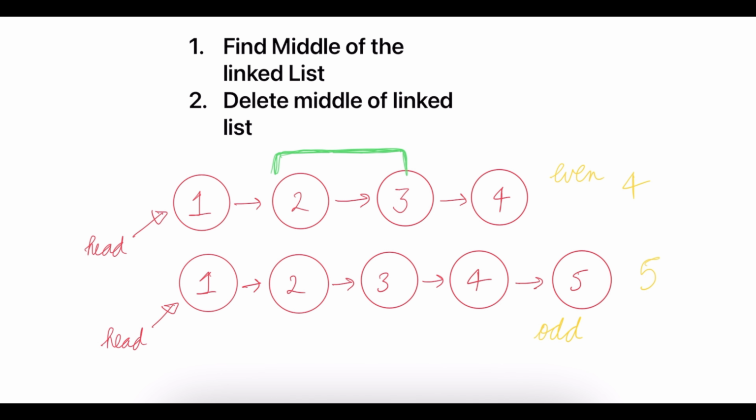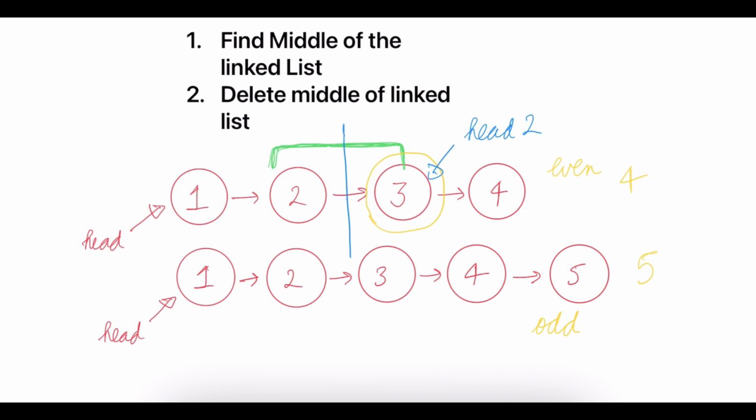Node 3 should be the middle one, because when we are splicing the linked list into two halves, we cut our linked list somewhere here. So basically the middle node would be the head of our second half. The second half of our linked list would start at node 3, so this would be the second head, and this node 3 would be the middle element of our linked list.